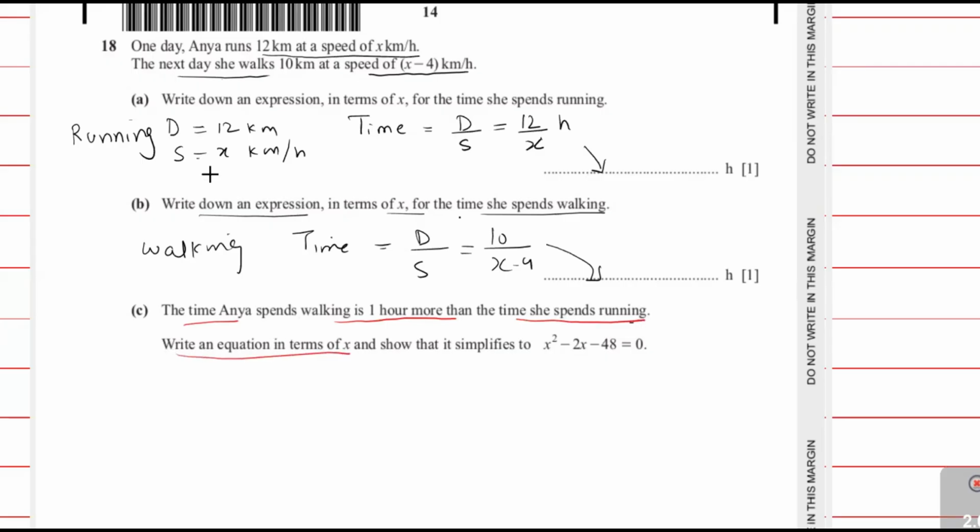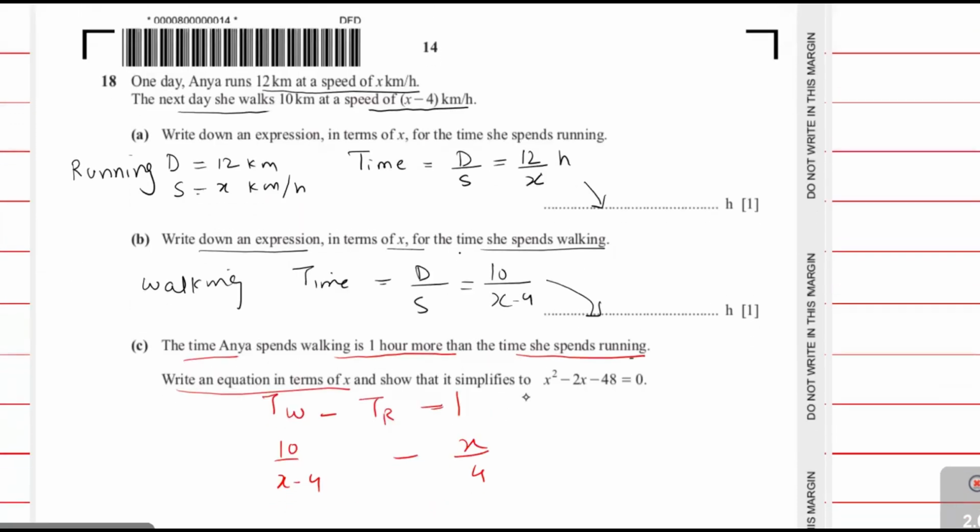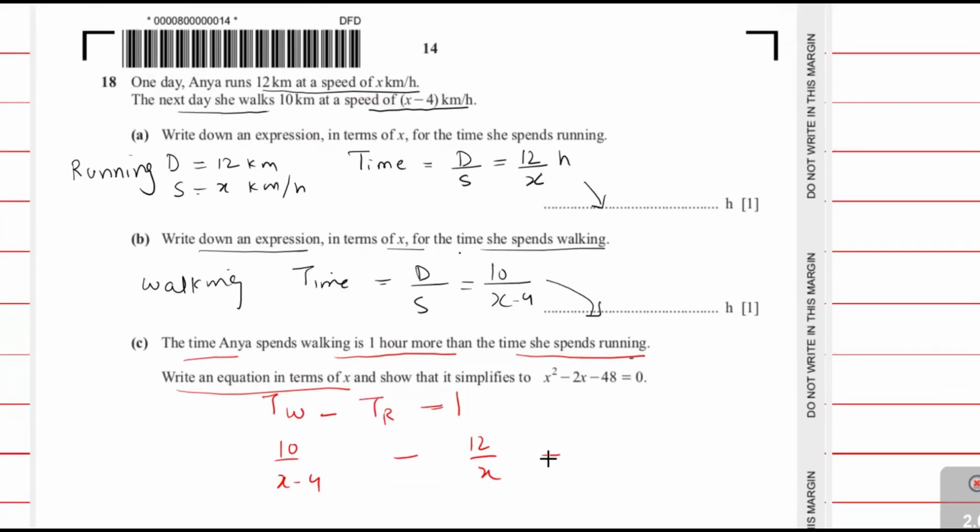Look here, the walking time is greater than the running time. Therefore, we will take the difference of the times, and that equals 1 hour, because the walking time is 1 hour more. We can write 10 over x minus 4 minus 12 over x equals 1.